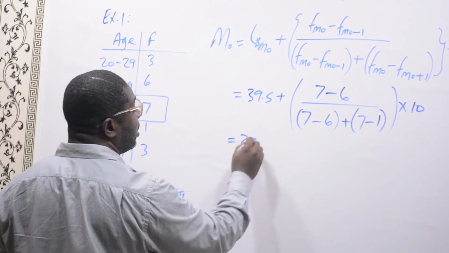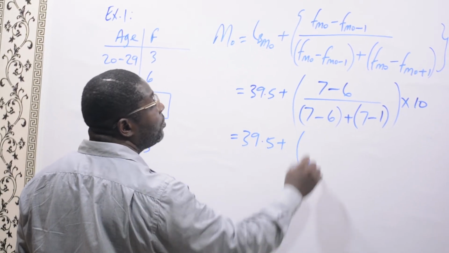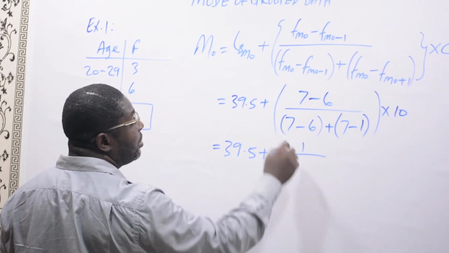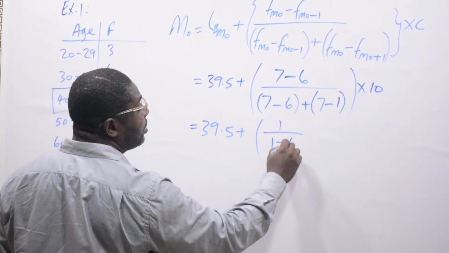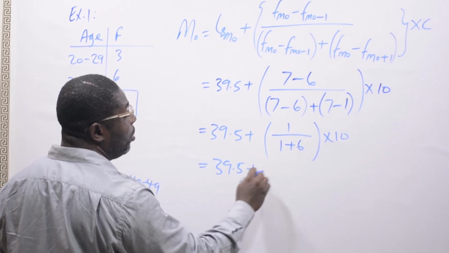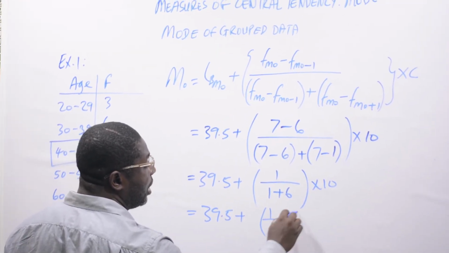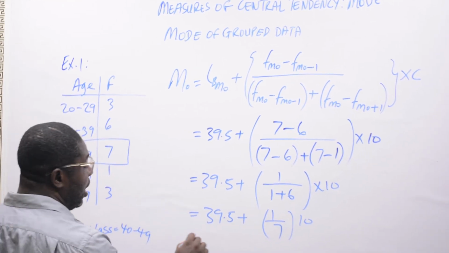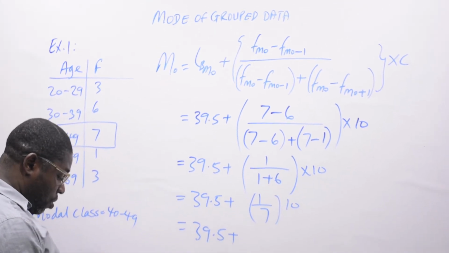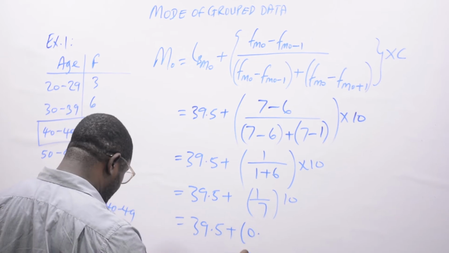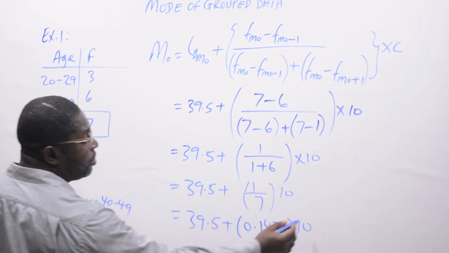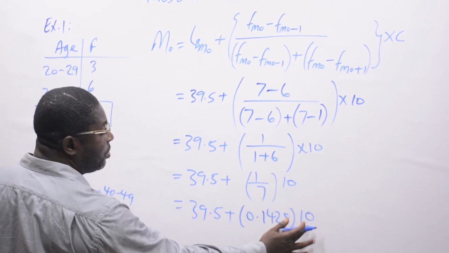So let's solve this. This is 39.5 plus 7 minus 6 is 1, divided by 7 minus 6 is 1 plus 7 minus 1 is 6, times 10. This becomes 39.5 plus 1 over 7 times 10. And we can continue with this. 1 over 7 gives us 0.1428 times 10. So let's deal with this times this.